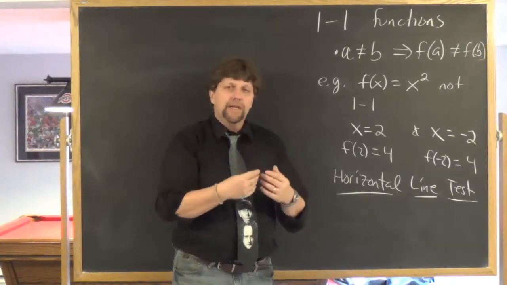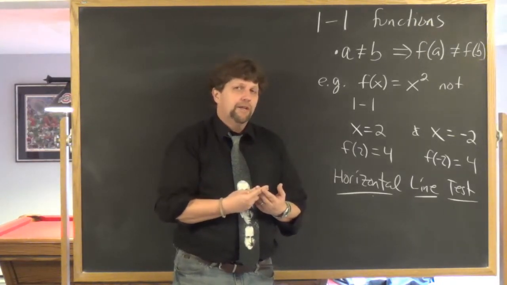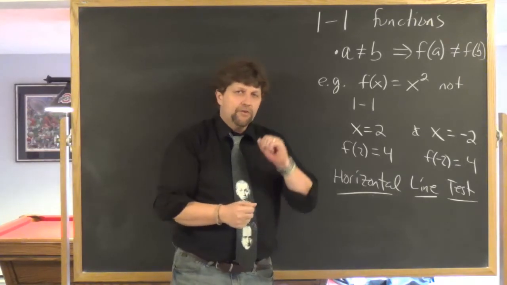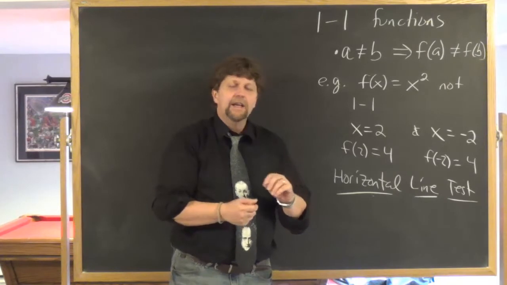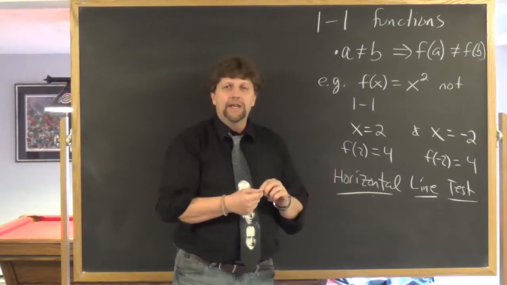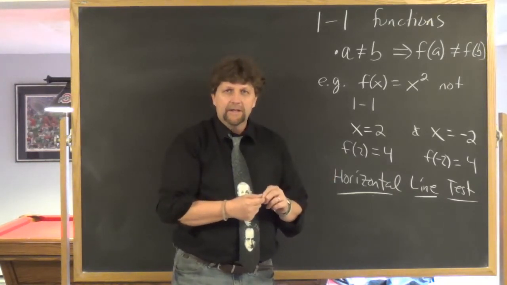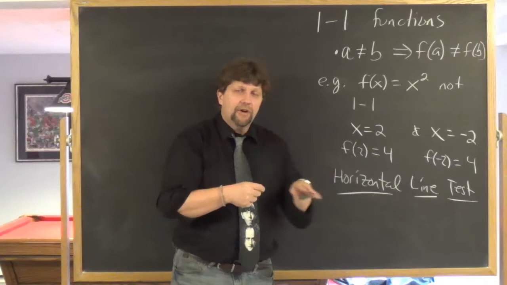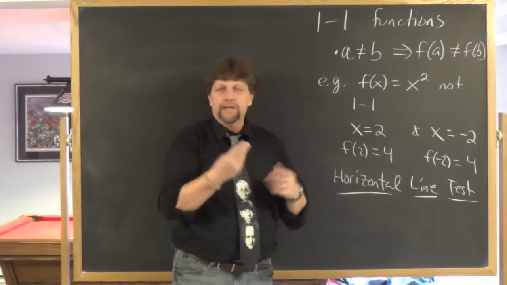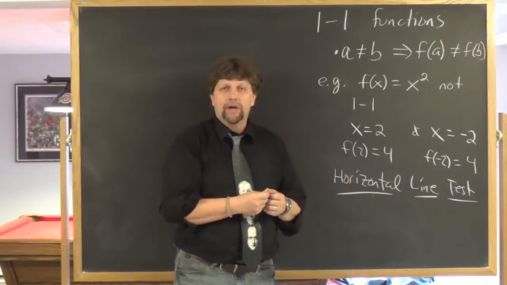And quite simply, here's how I'm going to verbalize the horizontal line test. If I can draw one horizontal line, just one horizontal line that intersects the graph in more than one point, it is not a one-to-one function. If every horizontal line I draw intersects the graph in only one point, then yeah, it is a one-to-one function.